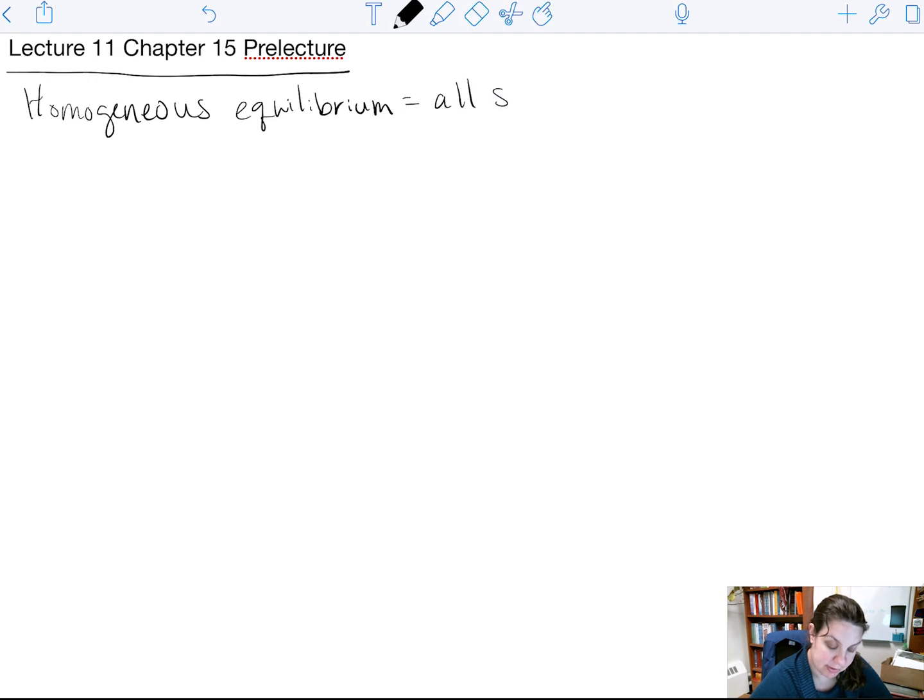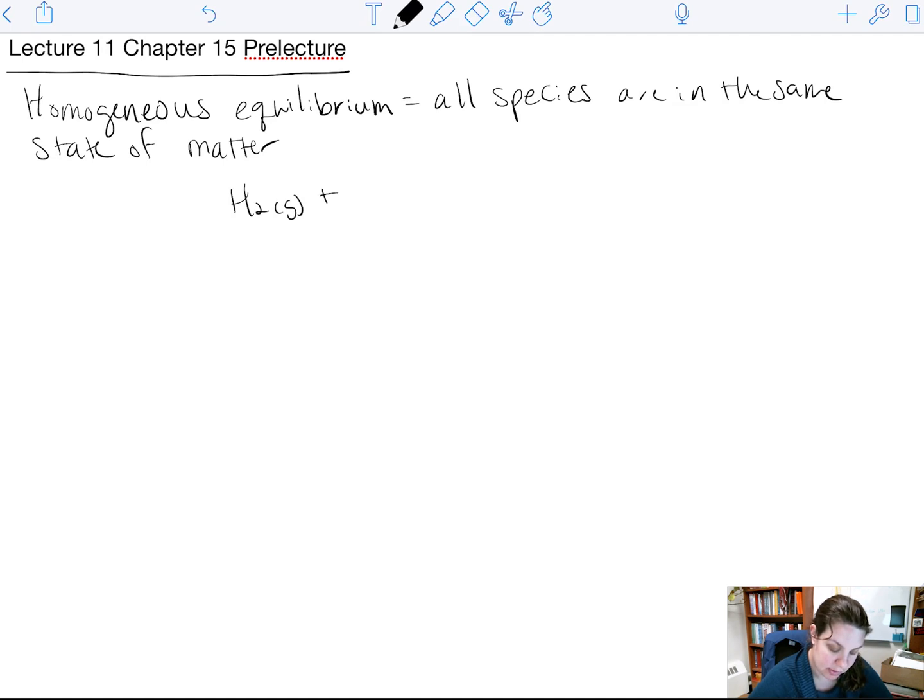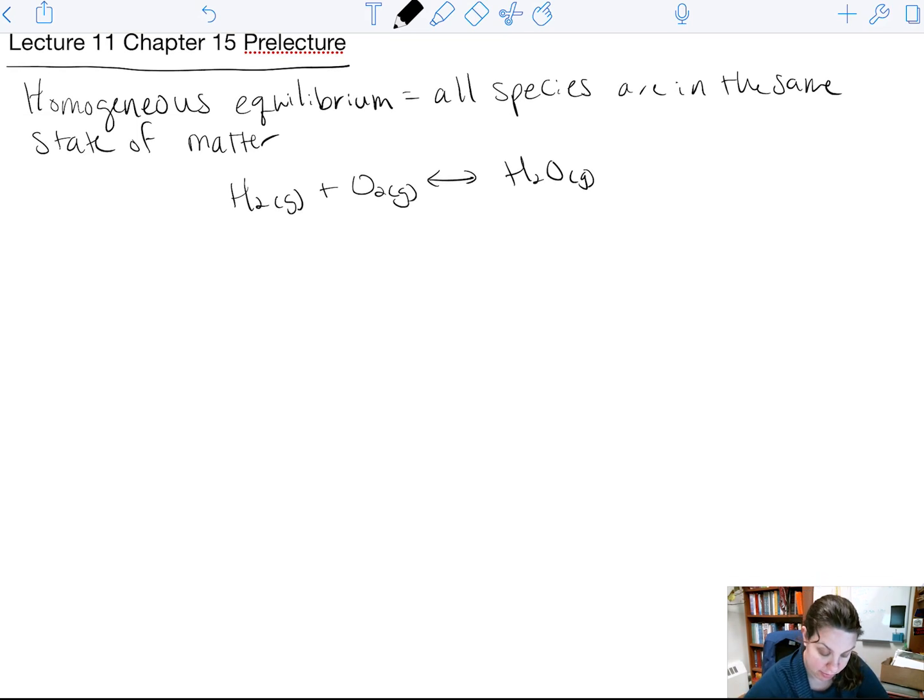So all species are in the same state of matter. So something like this: H2 gas plus O2 gas goes to H2O gas. So everything's in the gaseous state, so it would be homogeneous.